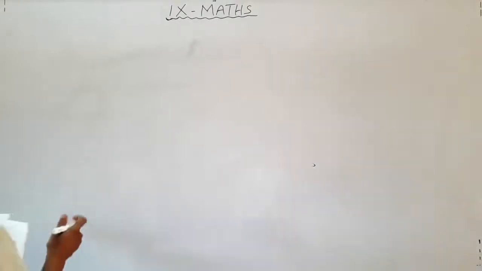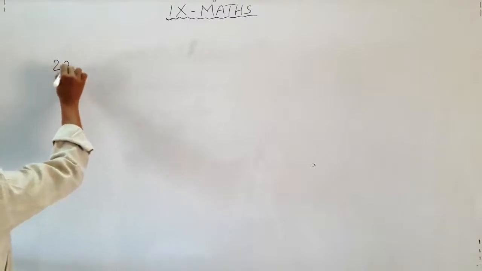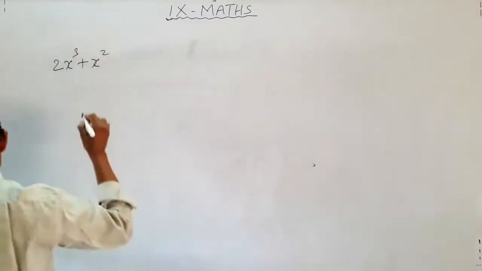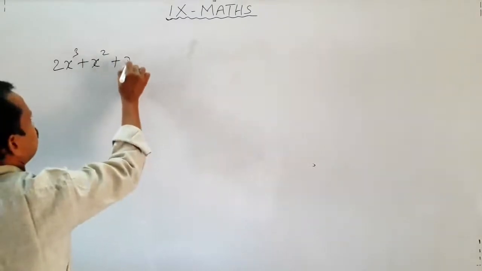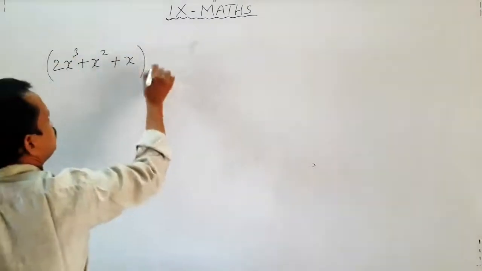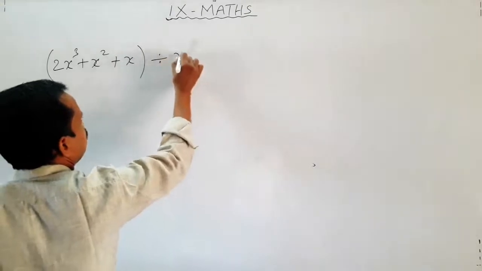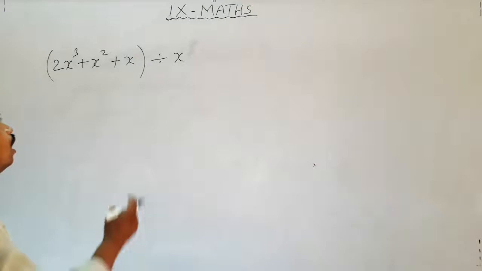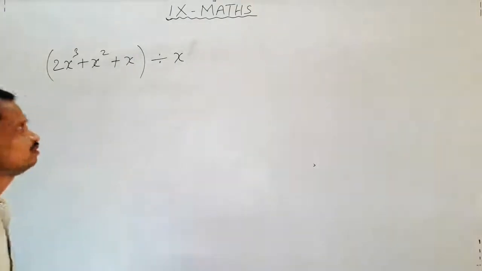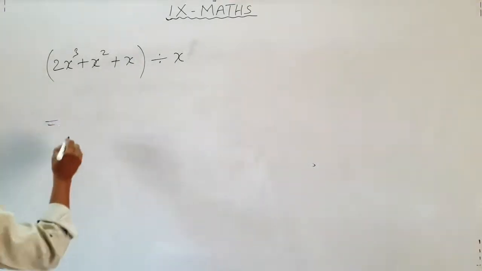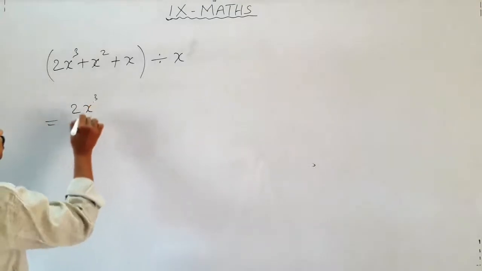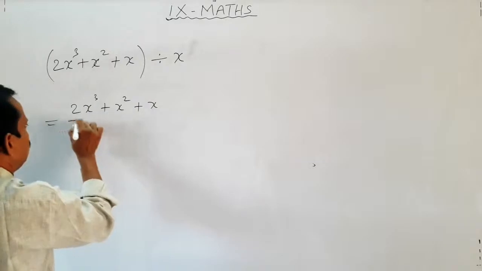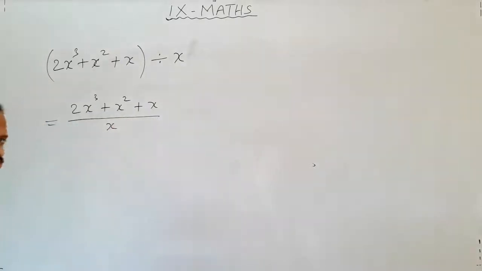For example, 2x cube plus x square plus x. So this is a polynomial when divided by another polynomial x. So that means here 3 terms, whatever it may be, and this is a monomial. When we divide, what happens? You can write like this: 2x cube plus x square plus x whole divided by x.